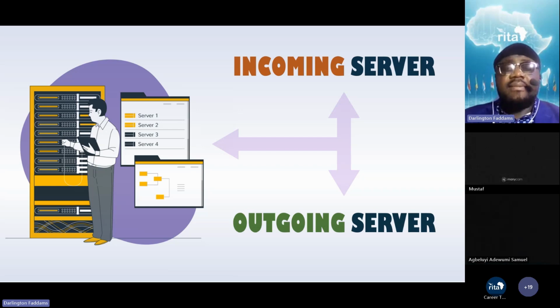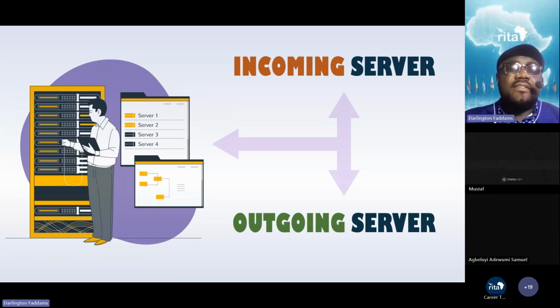The email server performs two major functions. The email server functions as an incoming server and an outgoing server. Wait a minute. We said the same server works as a file server, a database server, an email server.